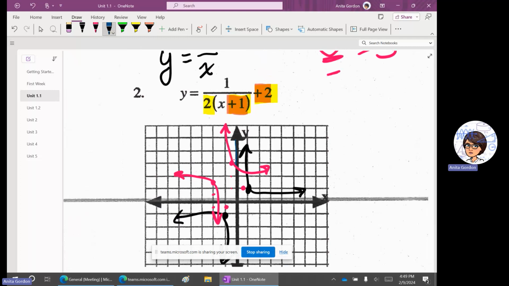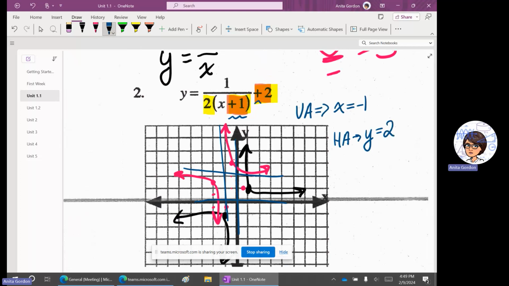So if my original asymptotes were here, they are now shifted with the graph here. So my vertical asymptote is at x equals -1 because I moved to the left 1. My horizontal asymptote has now moved to y equals +2.